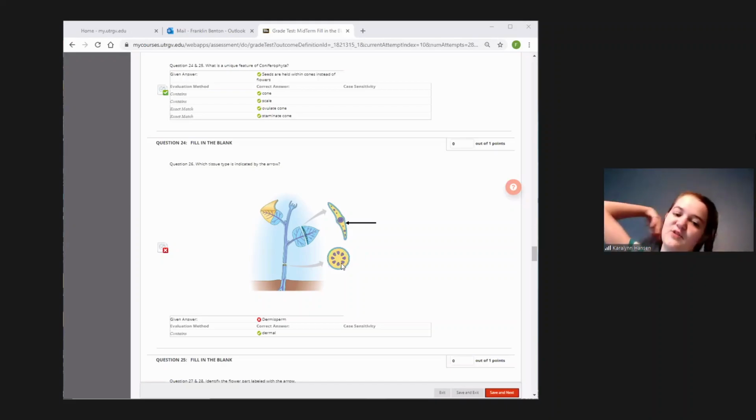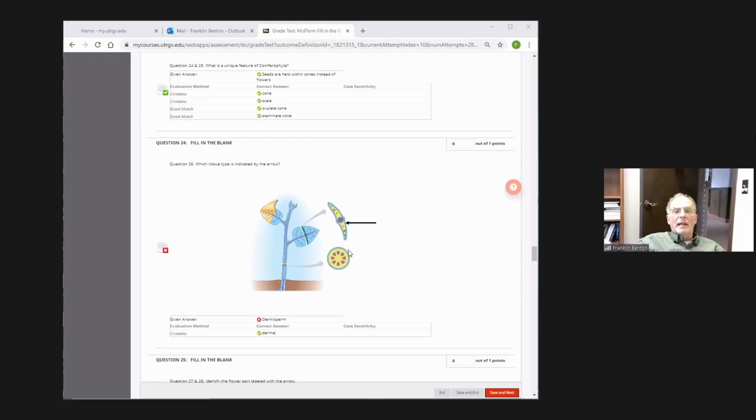There was a different question where I put vascular. If you had this one to label instead of this one, I would take vascular tissue.